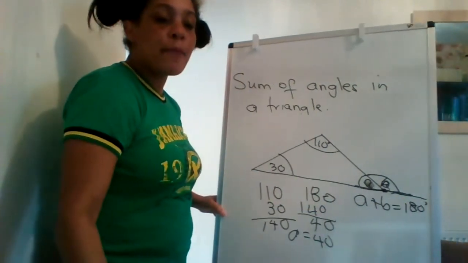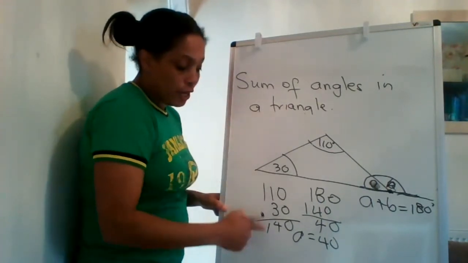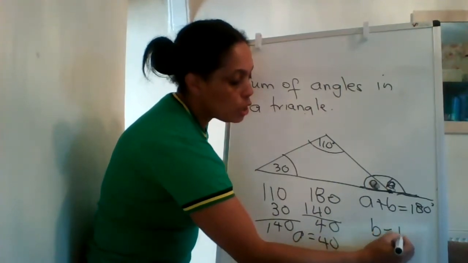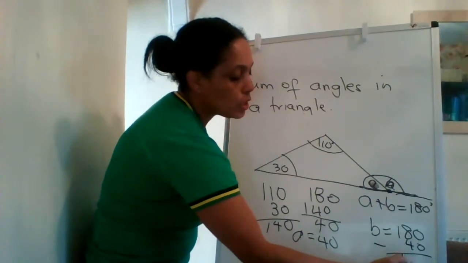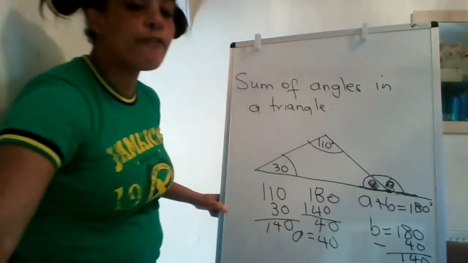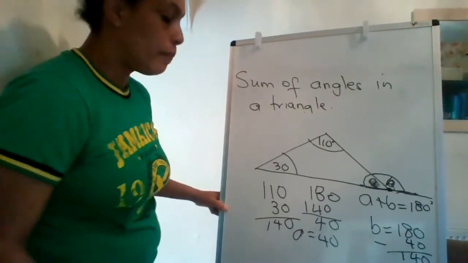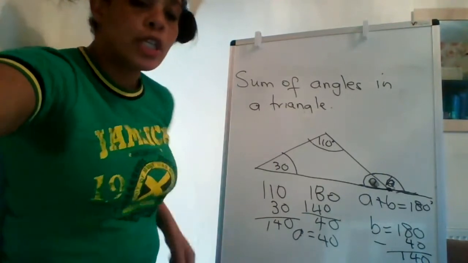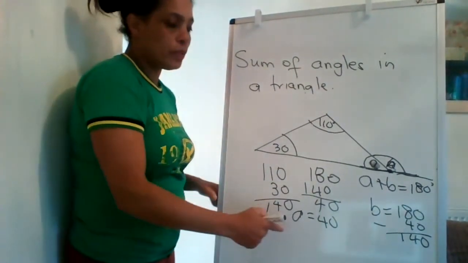So this means that if A is 40, B is going to be equal to 180 take away 40, which is going to give us 140. So we know then that B is equal to 140 degrees.